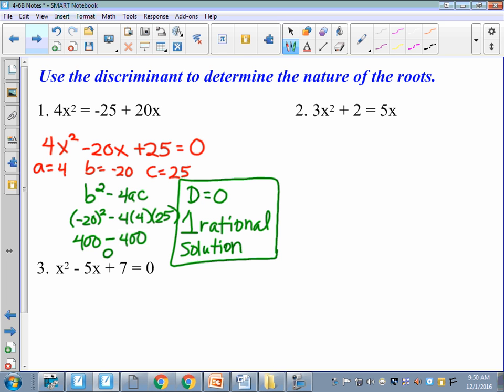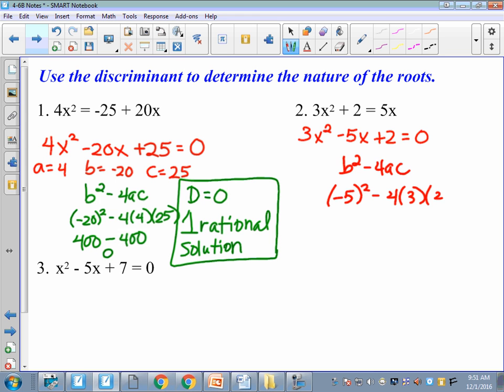Okay, the next problem, I got to bring over the 5x. So I have a 3x squared minus 5x plus 2 equals 0. And then from here, b squared minus 4ac. That's a negative 5 squared minus 4 times 3 times 2. That's 25.